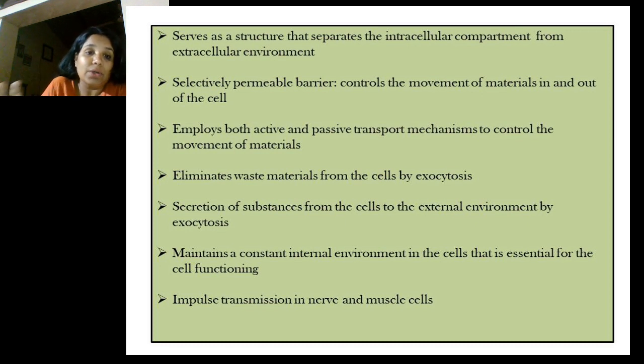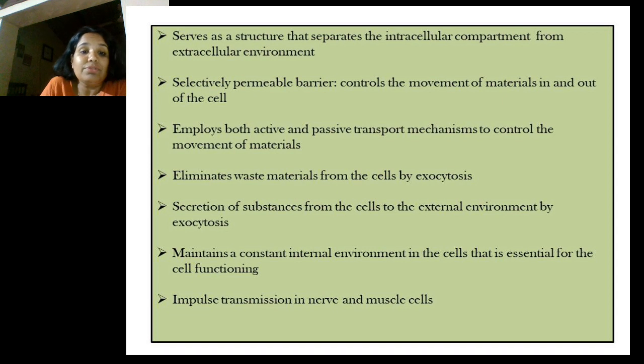This property is called selective permeability, and of course our plasma membrane is a selectively permeable barrier. So it decides what should go in and what should go out of the cell. This is very important for maintaining the internal physiological environment of the cell. This in turn is very much essential for the proper functioning of the cell.